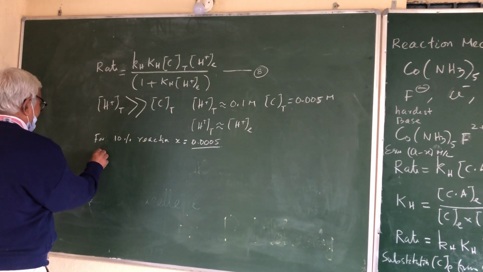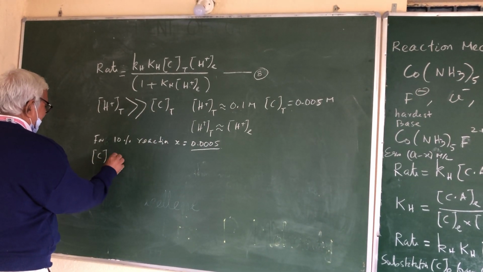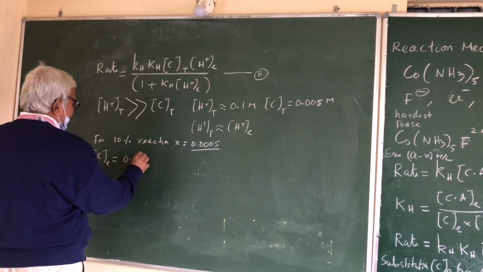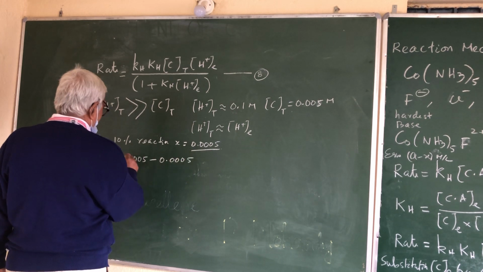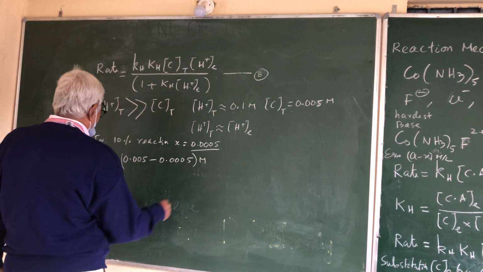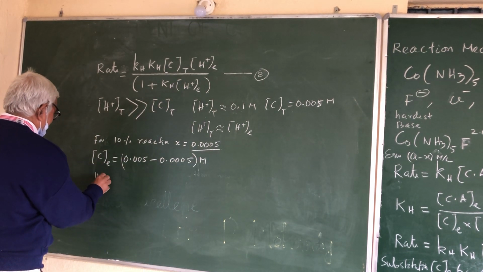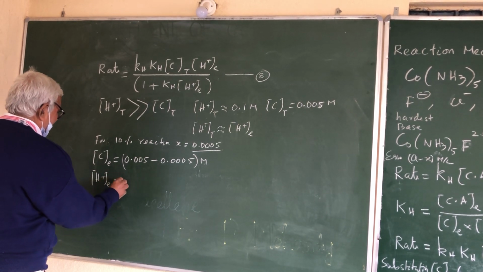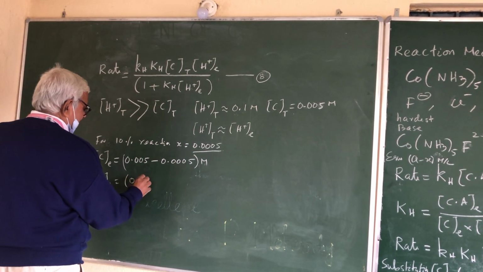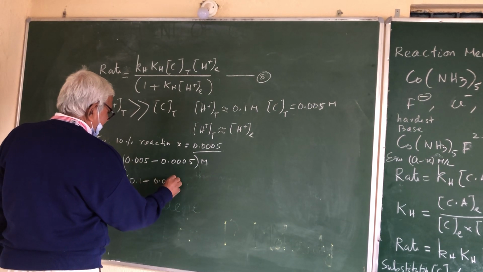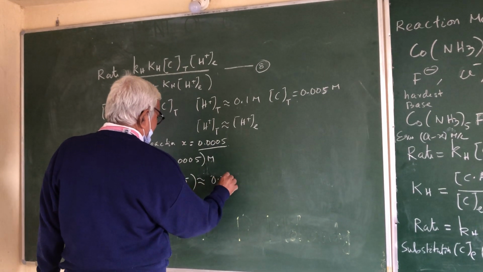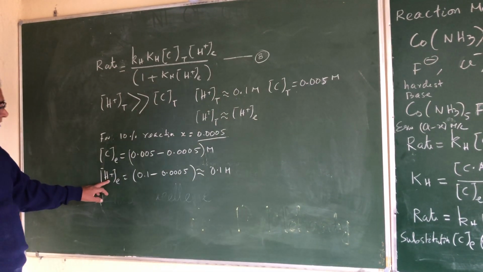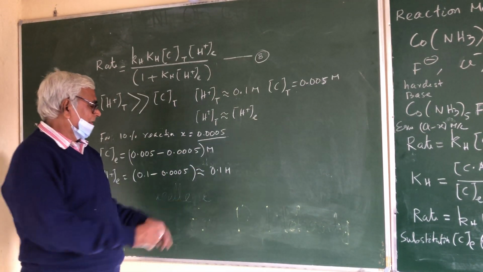Then what is complex equilibrium? Complex equilibrium will be 0.005 minus 0.0005. And what is the hydrogen ion equilibrium? The hydrogen ion equilibrium will be 0.1 minus 0.0005, which is approximately equal to 0.1. Therefore, hydrogen ion equilibrium is equal to hydrogen ion total.